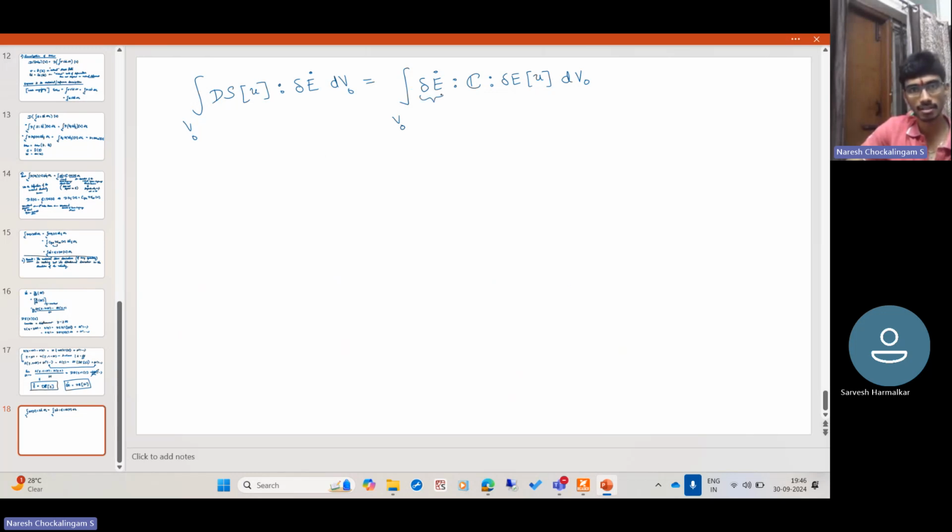Now this I can replace, so I get the integral over v naught of the directional derivative of E in the direction del v, double dot with C, double dot with, there's no del, this is d.